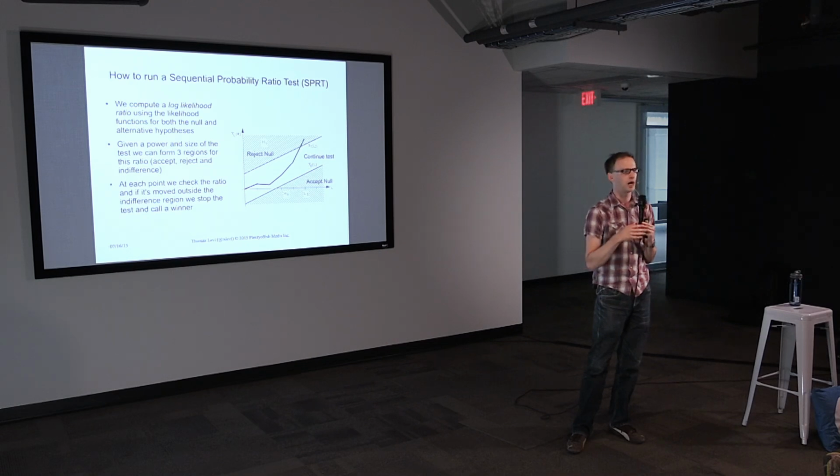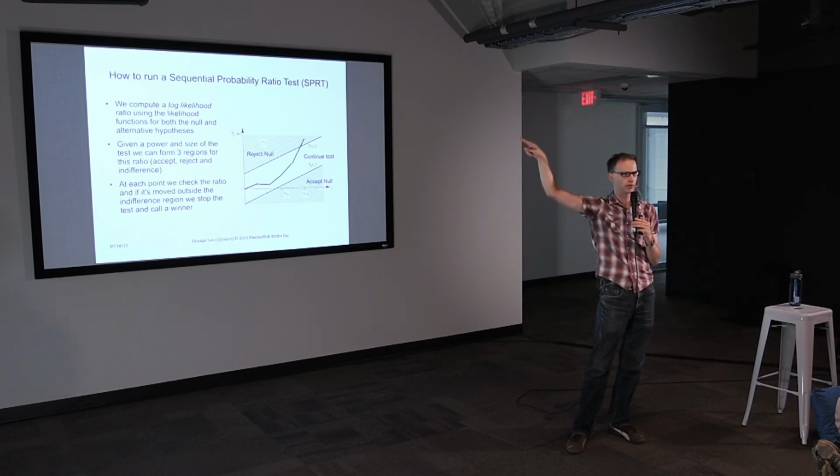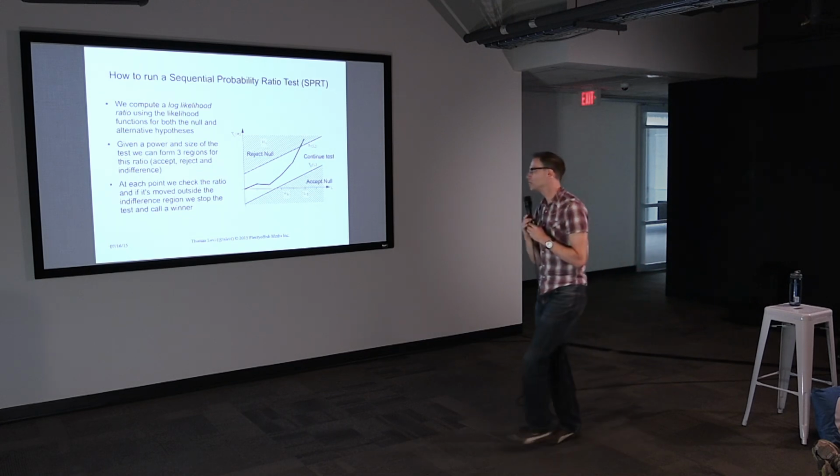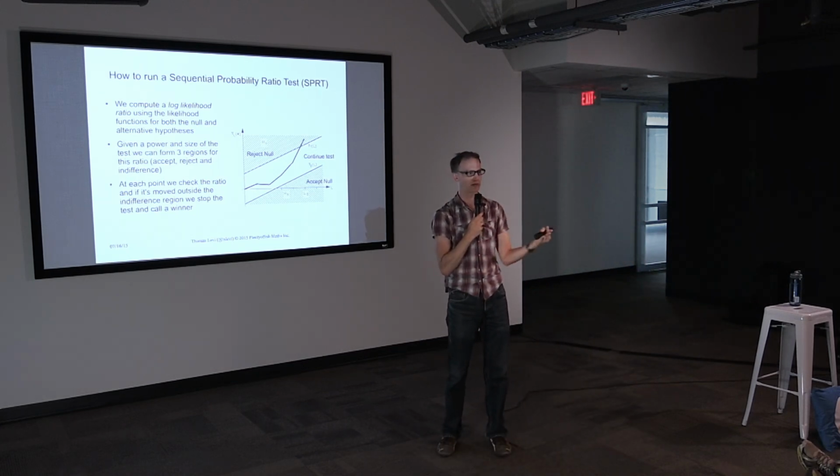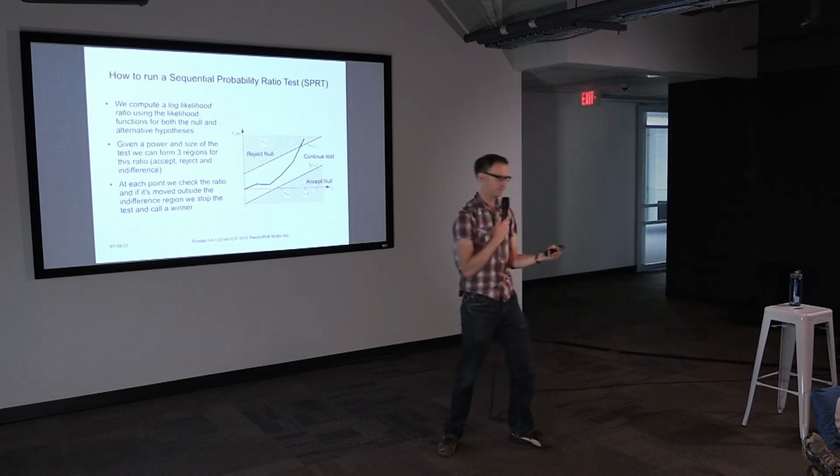So if you say, I want only a 5% chance of a type 1 error, a false positive, and I want only a 10% chance of a false negative, that tells you what those lines are. There's a straightforward way to compute that, and then you just run the curve. So every time you take a data point, you check the ratio and you say either I need more data or you call a winner, and that's it.